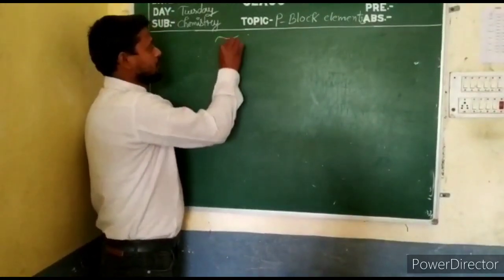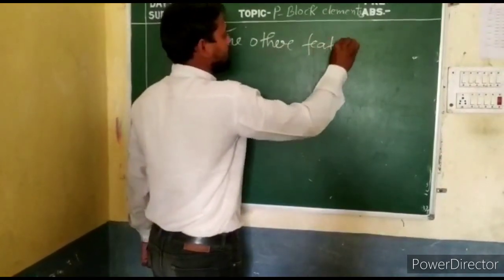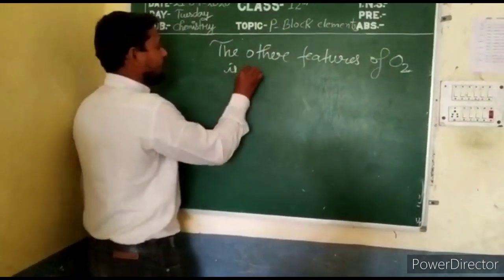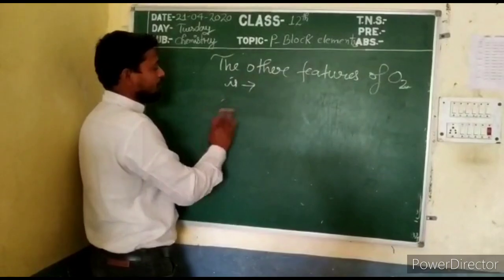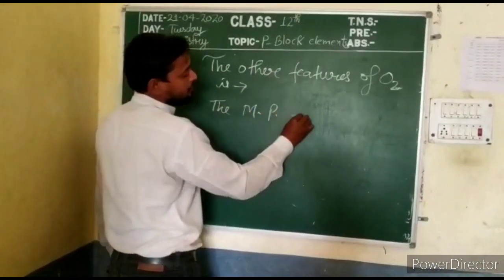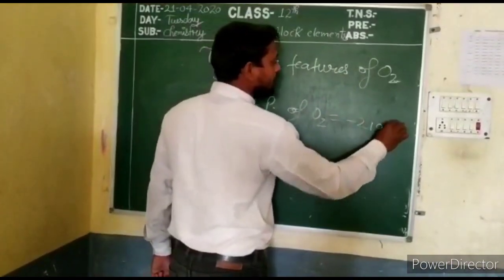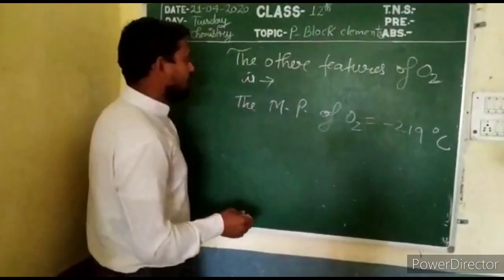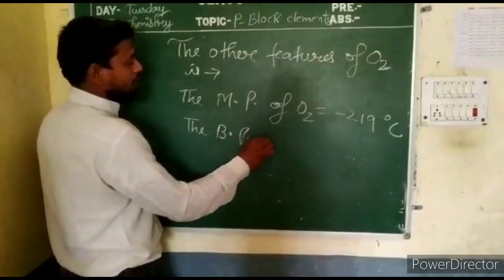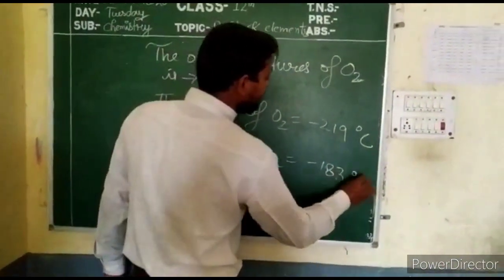Some other features of O2: as we know, the melting point of O2 is -219 degrees Celsius, and the boiling point of O2 is -183 degrees Celsius.